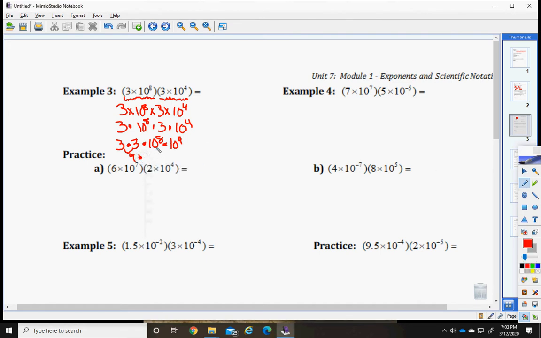And I know that 10 to the 8th times 10 to the 4th, if I write a 10 out 8 times and out 4 times, I'm really multiplying that 10 12 times. So my answer is 9 times 10 to the 12th. And that is correct scientific notation. Again, sorry about my pen.